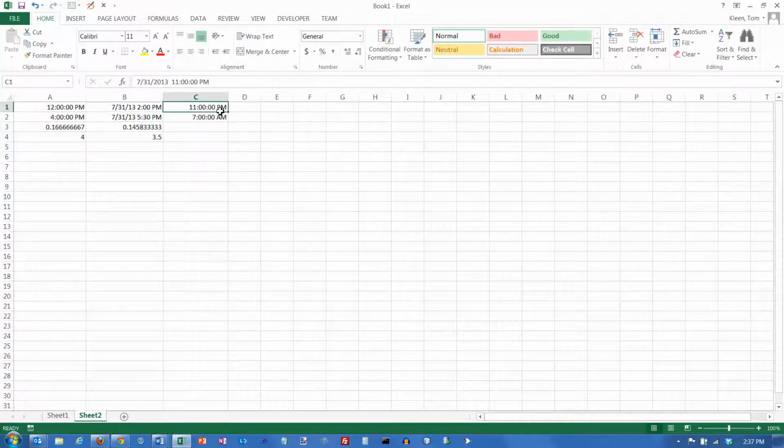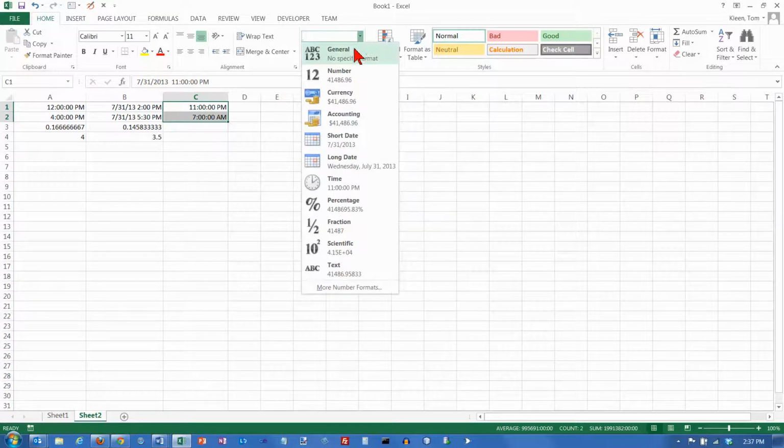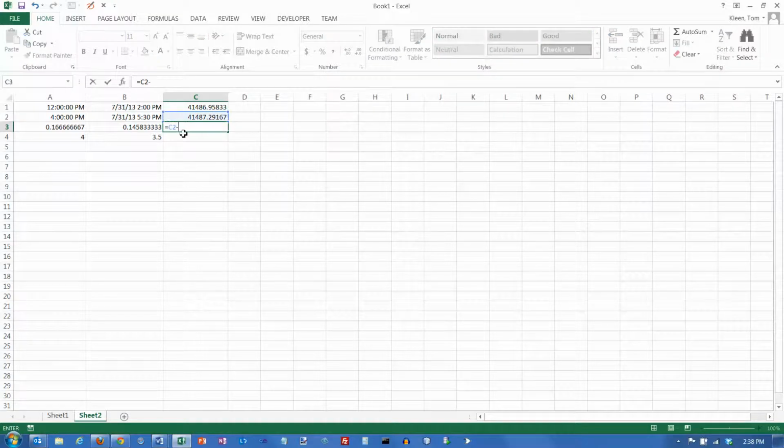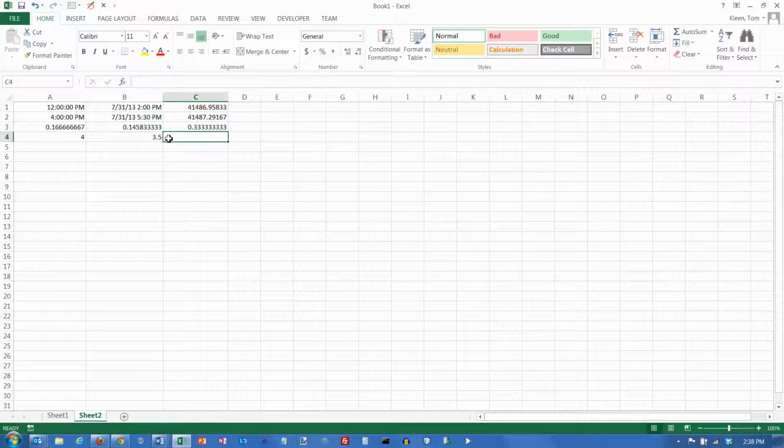Now if I look at those two numbers as general, when I subtract them it's going to work out just fine, because this is a time from August 1st and this is a time from July 31st. So if I subtract them, I should get 8 hours, or 1/3 of a day. Let's put a little formula in here: equals this number minus this number, and that gives 1/3 of a day. If I multiply that number times the number of hours in a day, it should tell me that person worked for 8 hours.